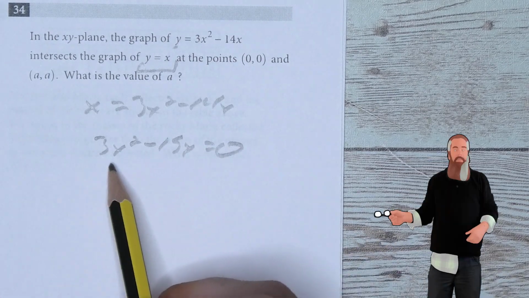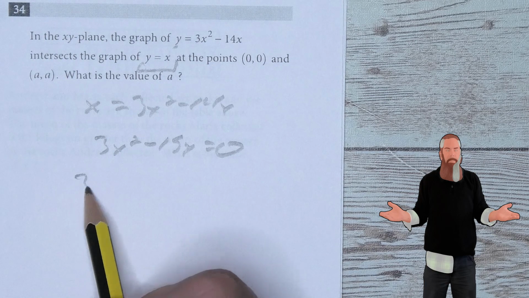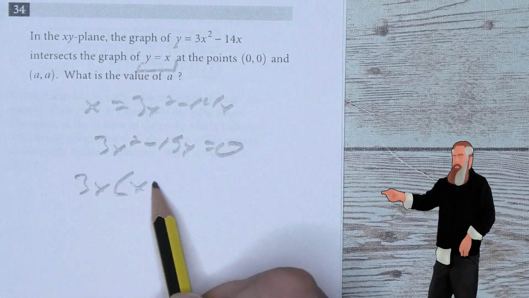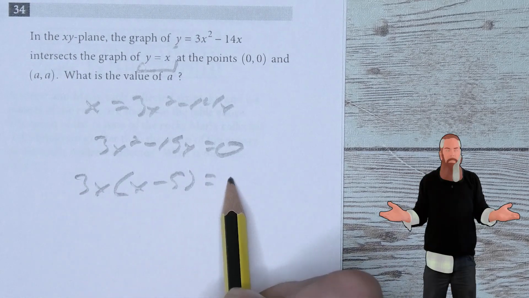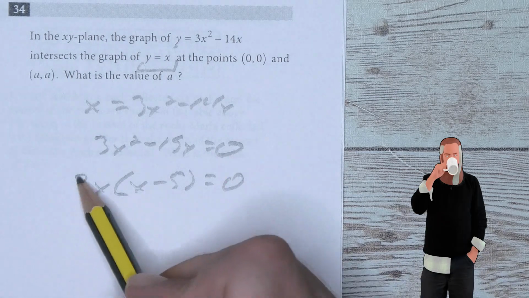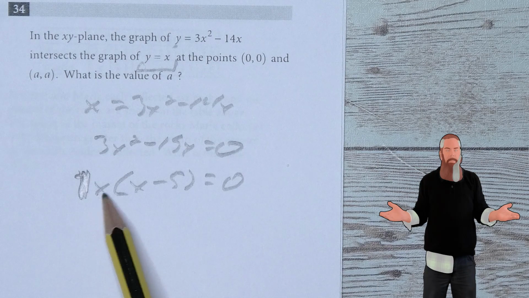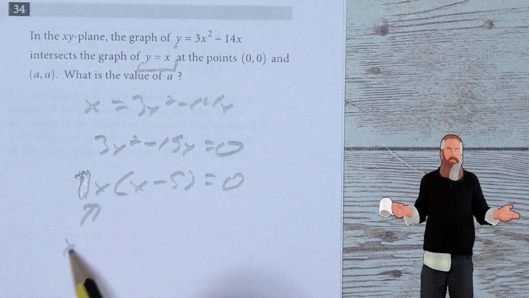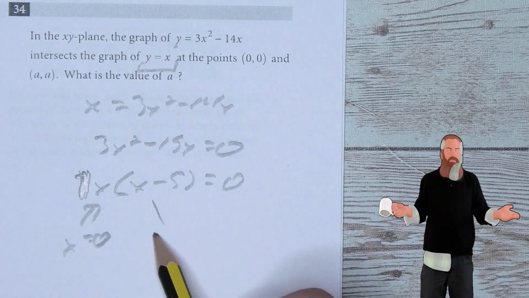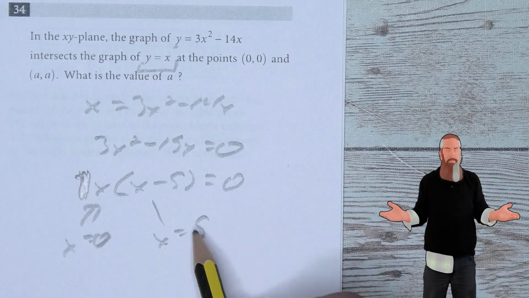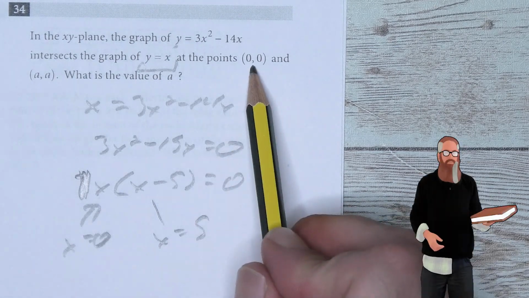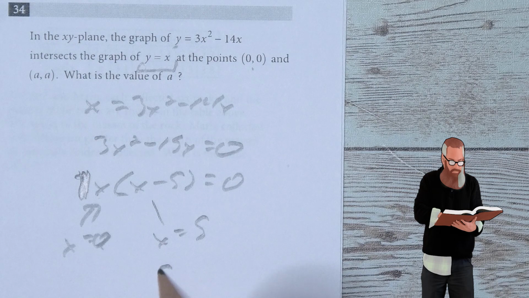If I factor out the 3x, I would be left with x minus 5 equal to 0. Dividing both sides by 3 gets rid of that 3, giving me 2 possible solutions: one when x is 0, and the other when x is 5. Because we already know that 0, 0 was an answer, the only other answer is 5, 5.